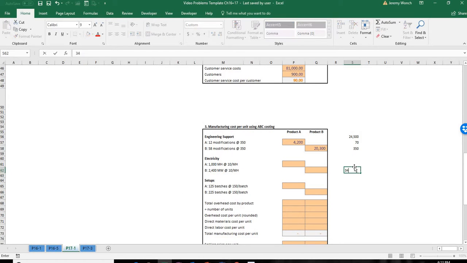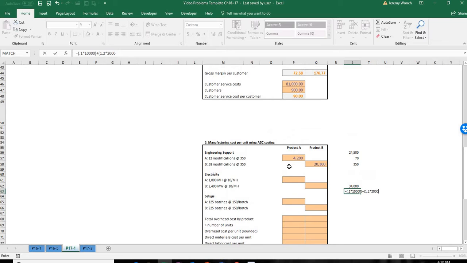So 34,000 divided by our 1,000 plus our 2,400. Let's break that out further. It's going to be our 0.1 times our 10,000, and this is going to be 1.2 times our, is it 2,000? Yeah, 2,000.